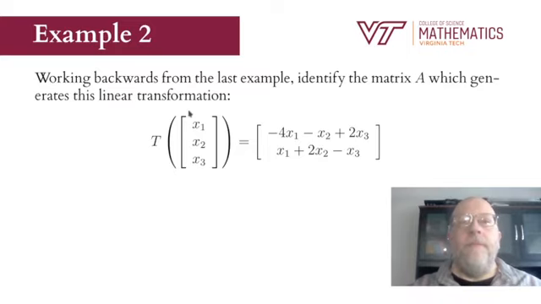All right. Working backwards from the last example, let's figure out what matrix would generate this linear transformation. The matrix that we're looking for has to have three columns because there are three weights.